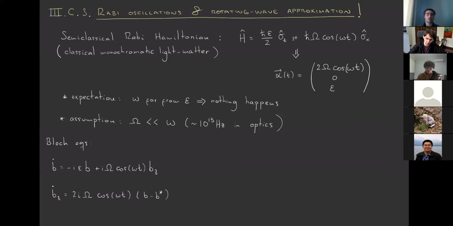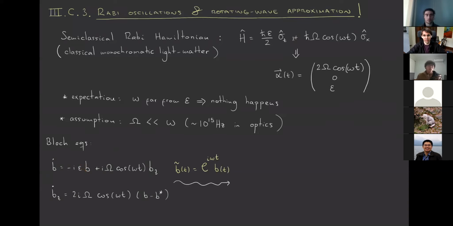Then it's very convenient to define a slowly varying variable in this way. So we define another b, which I call b tilde, because it will be the original b of t, but we just remove from it evolution at optical frequencies. It's very simple to understand what this is, because we expect that b is oscillating at optical frequencies, or if you want at frequencies epsilon.